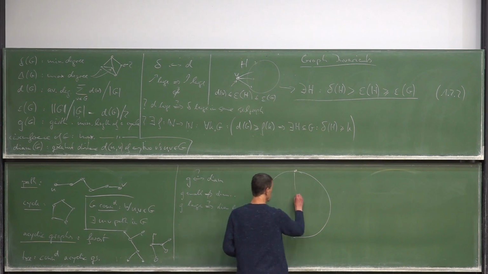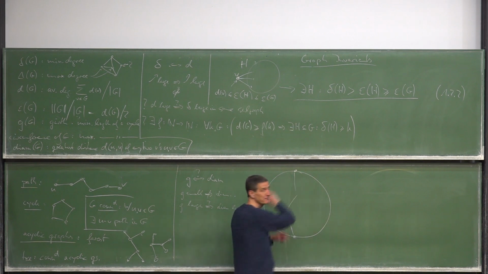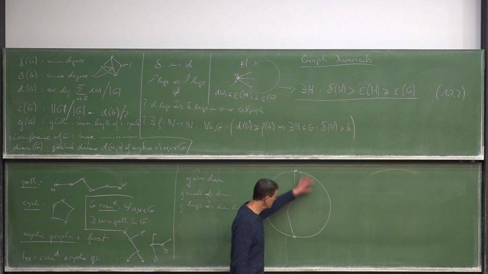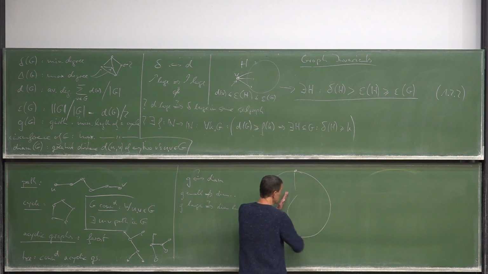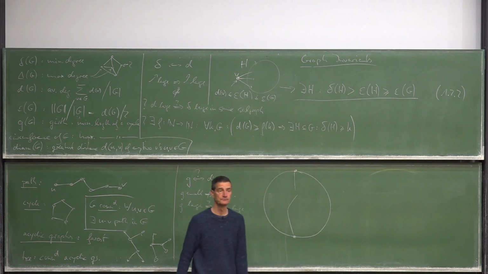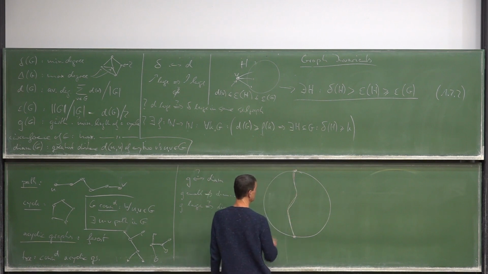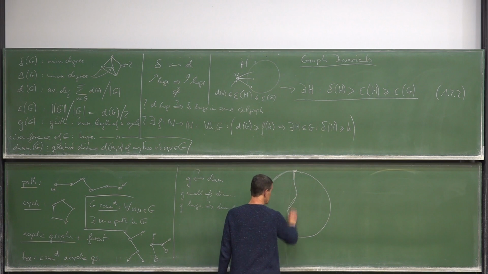Well, if there was a short path between them that is shorter than half the length of the cycle, then we could combine it with the bigger half of those two. I mean, they differ by at most one, but, right? We can combine it with one of these to form a shorter cycle than this whole thing. Right? If this length was strictly less than that length, then this together with that would make a cycle shorter than this together with that.